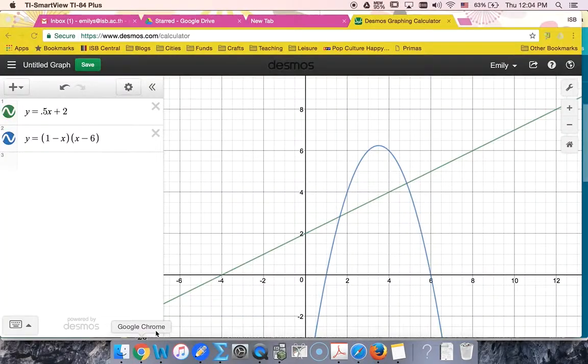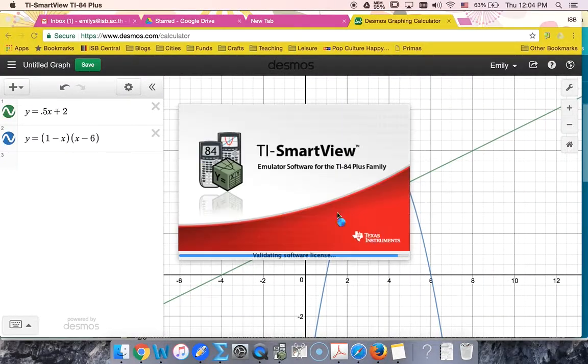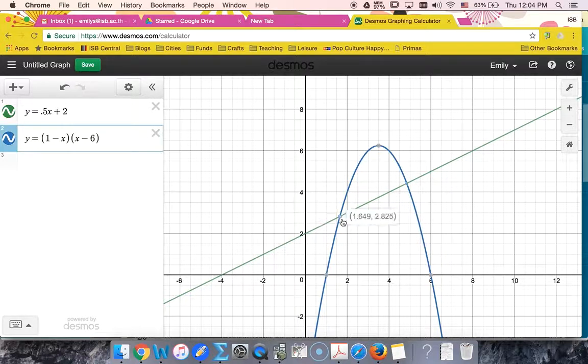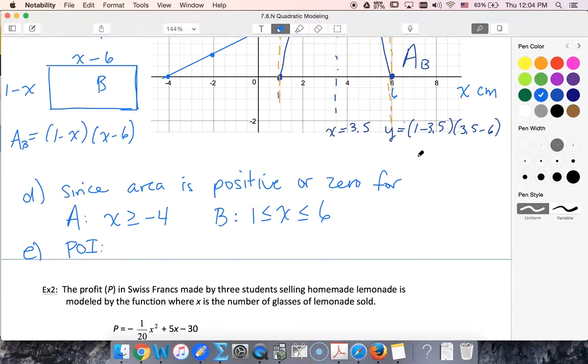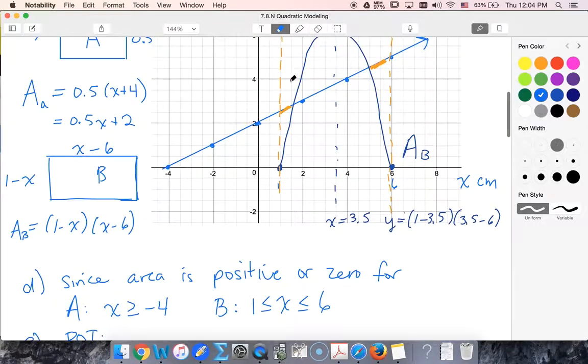I've got it over here on Desmos, so I can look at my points of intersection. So there's one, here's my other. So my area for A is going to be bigger than B between this region, from 1 up to the 1.649. It's not greater here. So when I'm making that domain, I'm going to think about this point here, which has an x value of 1.65.